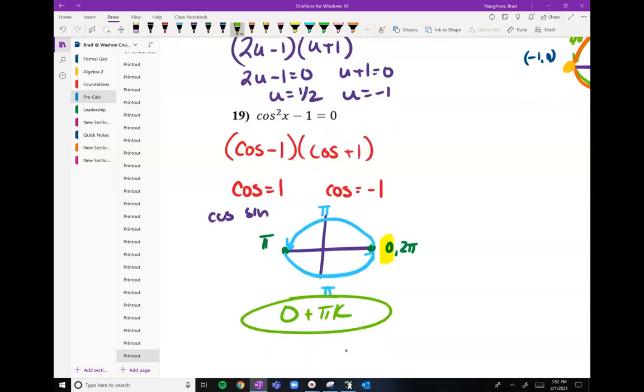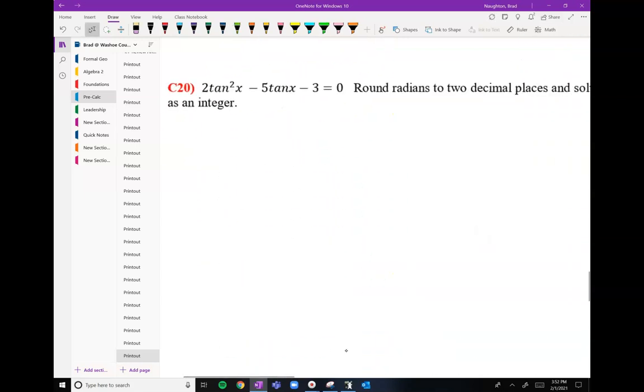We got 2 more. So on this one, we're going to have to use the quadratic formula. I believe, is this? Nope, this one is not the quadratic formula. It is Saucy Town, though. The bonus is the quadratic formula. So for this one, we're going to say u is equal to tan x. So I'm going to go 2u squared minus 5u minus 3. Let's factor this.